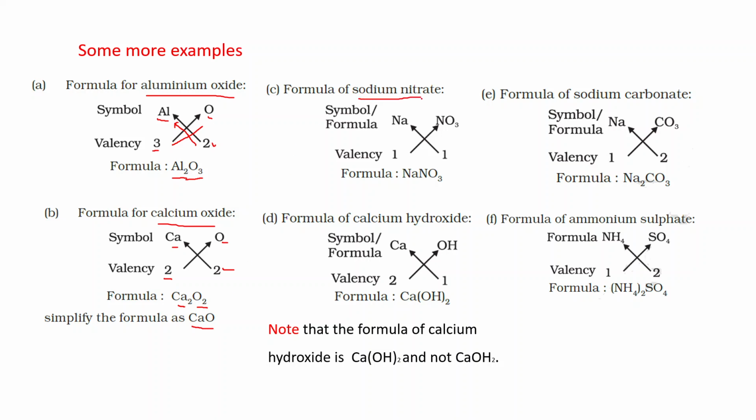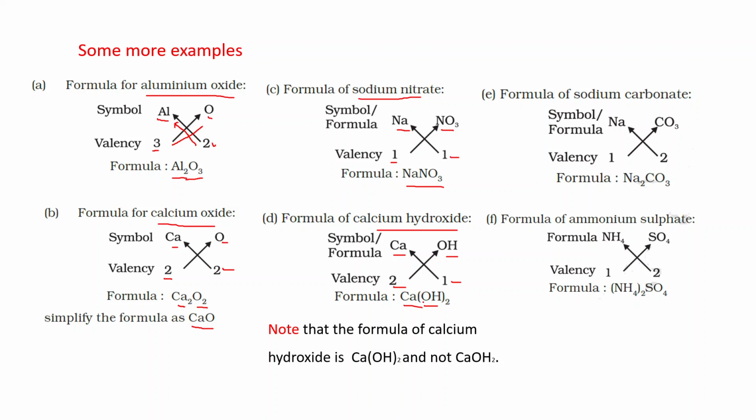Sodium nitrate. Sodium, valency is 1. Nitrate, NO3, valency is 1. That's why NaNO3. Calcium hydroxide. This is Ca, valency is 2. OH, valency is 1. Now again interchange these valencies. This is Ca(OH)2. Clear?